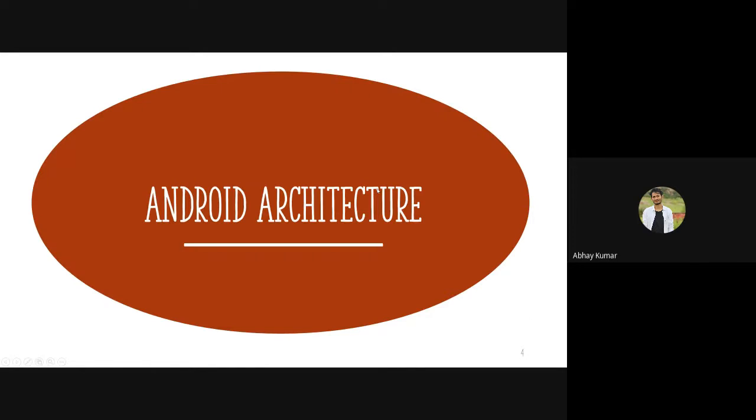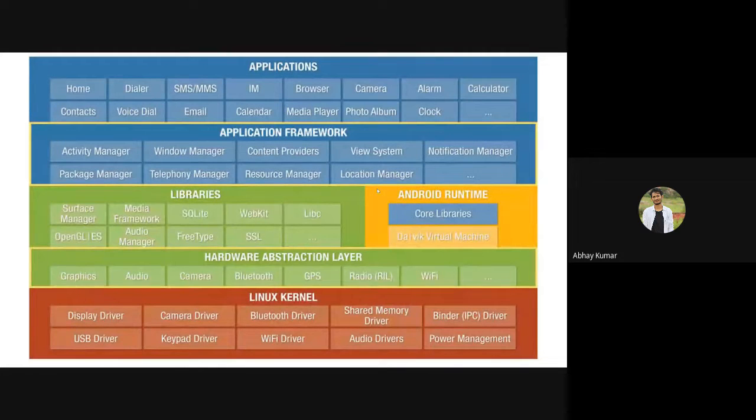Next is the Android architecture, how it looks. In a web application there is a front end, back end, database, and APIs. In Android there is firstly the Linux kernel.